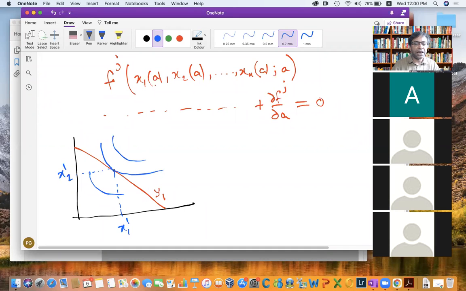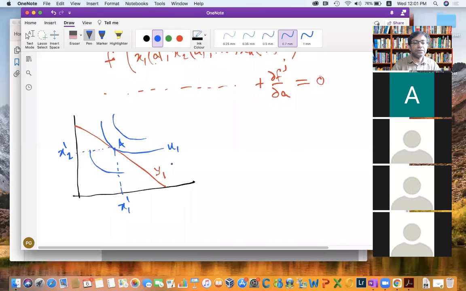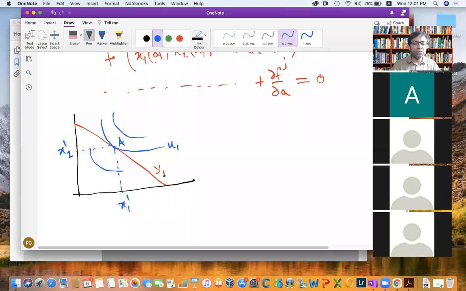This is the point of tangency A. Once we find the point of tangency and look at the indifference curve there, we find the utility level, let's say U1. Actually, so as not to confuse, let me make these subscripts zeros.